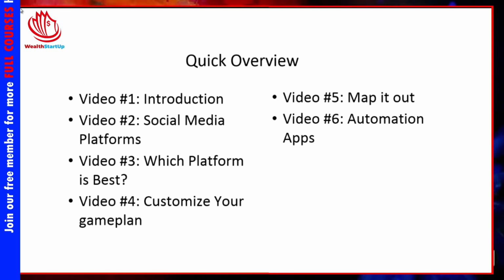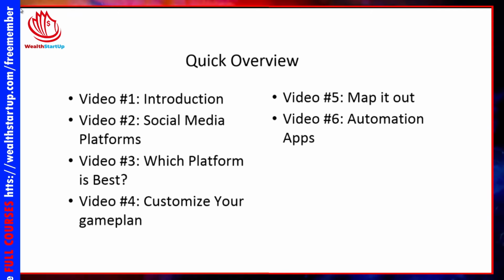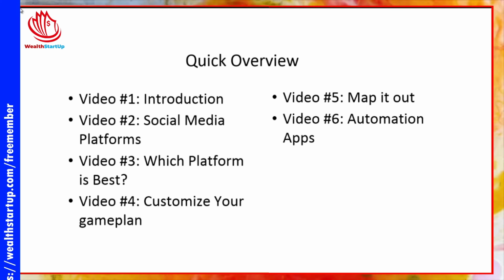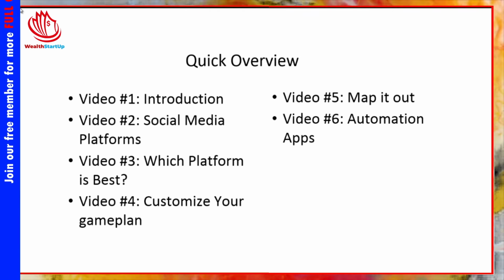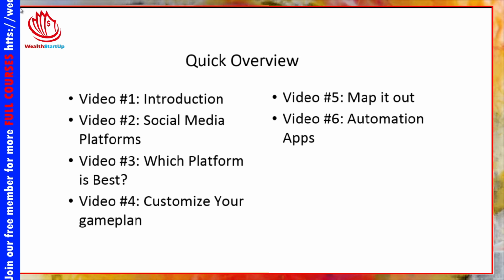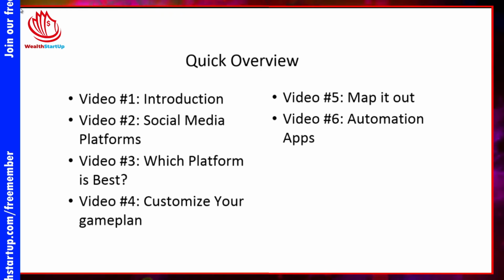Instead of manually having to go from Facebook, copy and paste, log into Instagram, copy and paste, go into WordPress, copy and paste, you set everything up once and everything else after that point will be automated. So we'll talk about that.